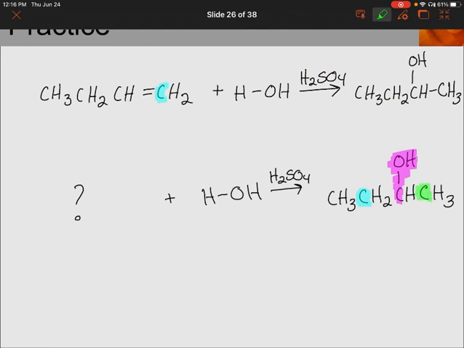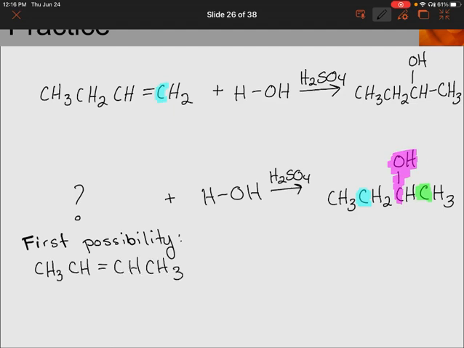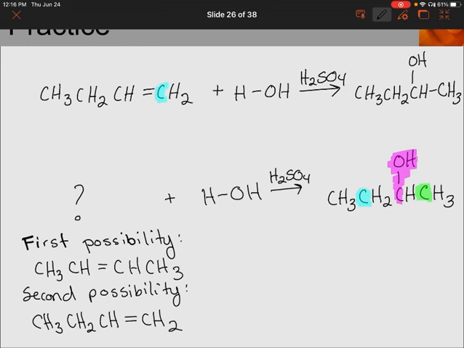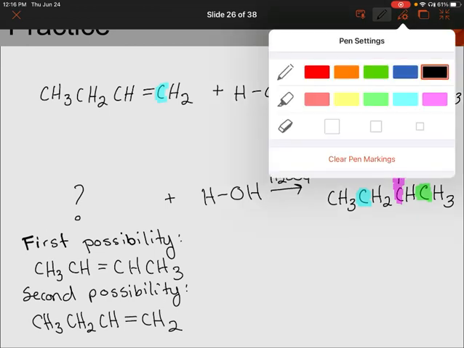So the double bond could have been in the middle or on the end. Okay, so first possibility. We could use a symmetrical alkene, like this one. The second possibility, we could have used the same reaction we saw above. And both of these would give us the same product.